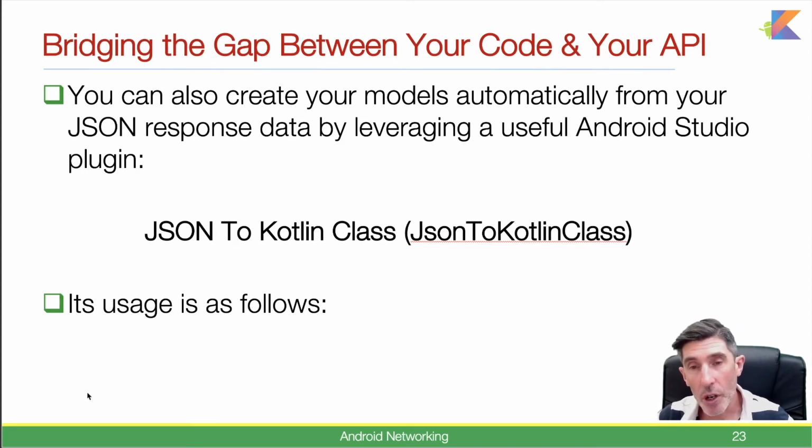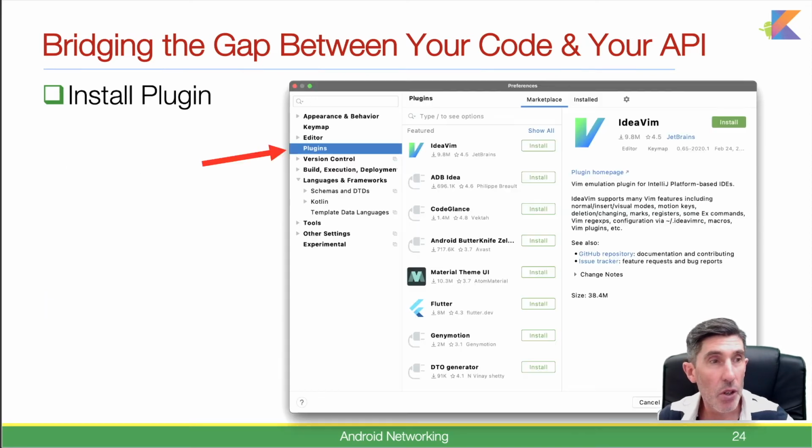Rather than manually building up the objects and working with the different types of data you could be pulling down, you can use this nice little plugin to auto generate and mirror the model of the data that's stored on the server.